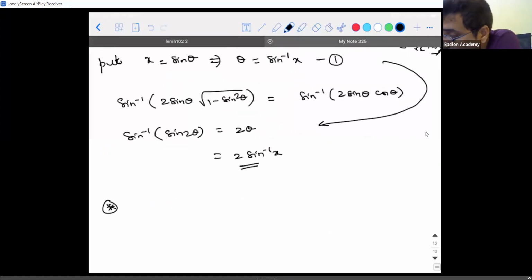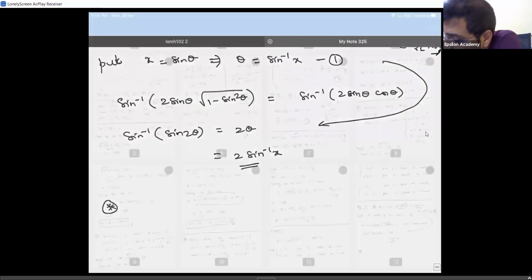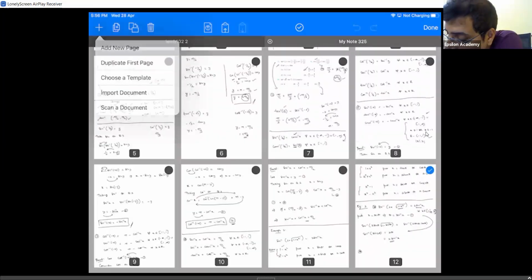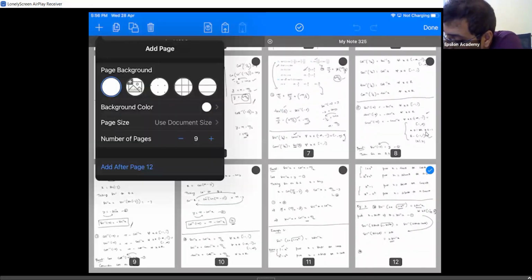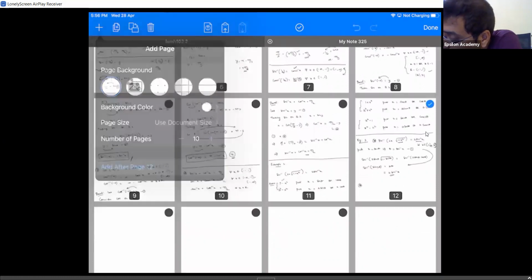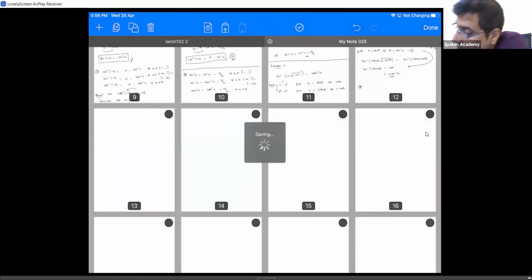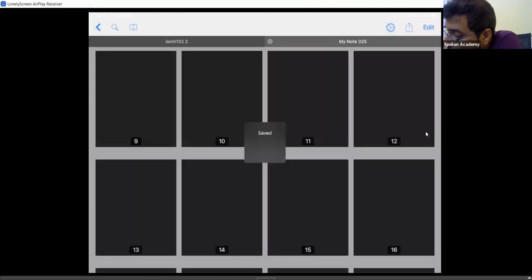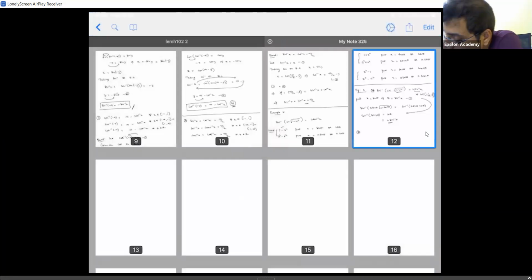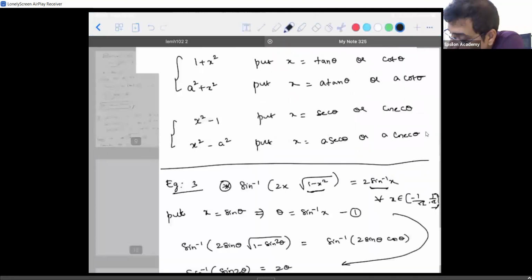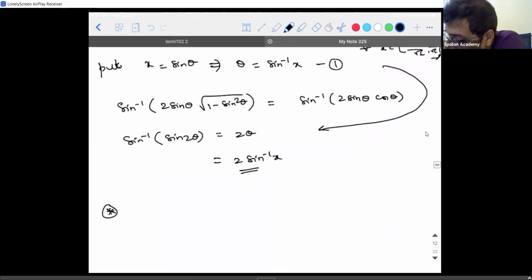Let us substitute x as cos theta. Job is to substitute x as cos theta. Those who understood, try. Those who don't understand, look at the board. So if I put x is equal to cos theta, theta will be cos inverse of x.